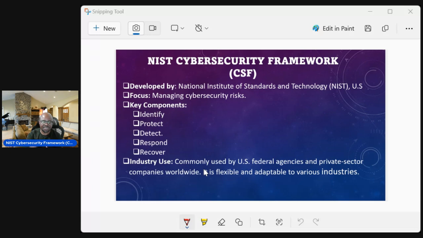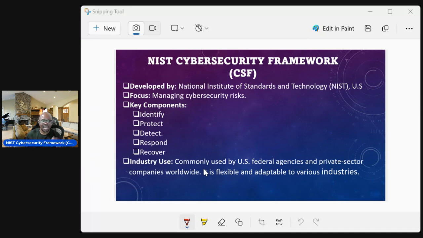Another key activity under the respond component is analysis. That is, investigate detected incidents to determine their impact and how to contain them. And then we have mitigation, which is another key activity under the respond component. Mitigation means to implement activities to contain and reduce the impact of cybersecurity incidents.